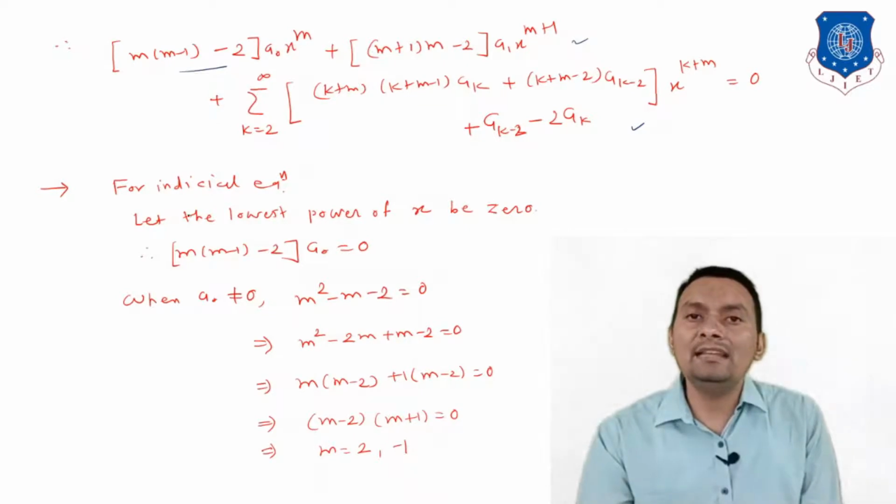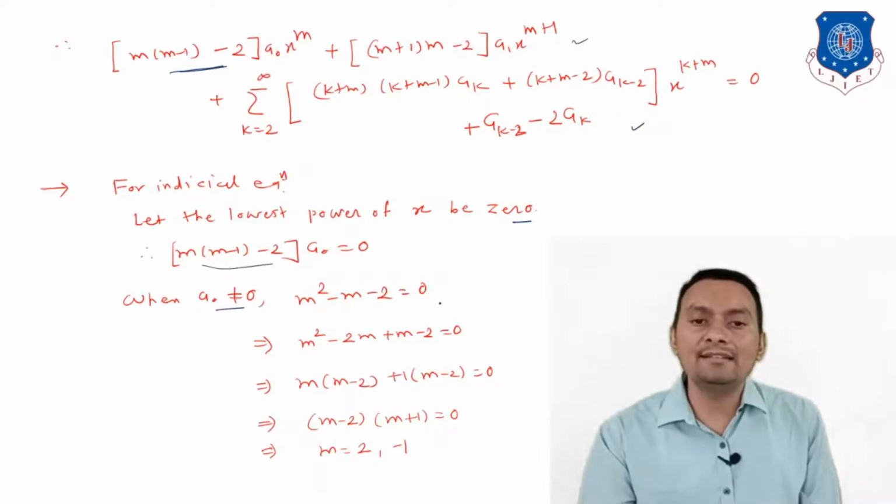So to get the indicial equation, what we are taking is the lowest power of x, so x raised to m is nothing but the lowest power, so we are taking its coefficient equal to 0. Therefore m times m minus 1 minus 2 into a0 is equal to 0. But when I take a0 as non-zero, this has to be exactly 0.